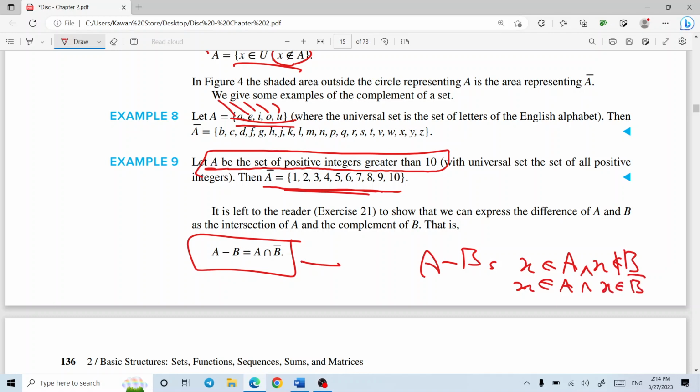Am I right? Because if they have a universal set, X not belonging to B of course belongs to the complementary part.